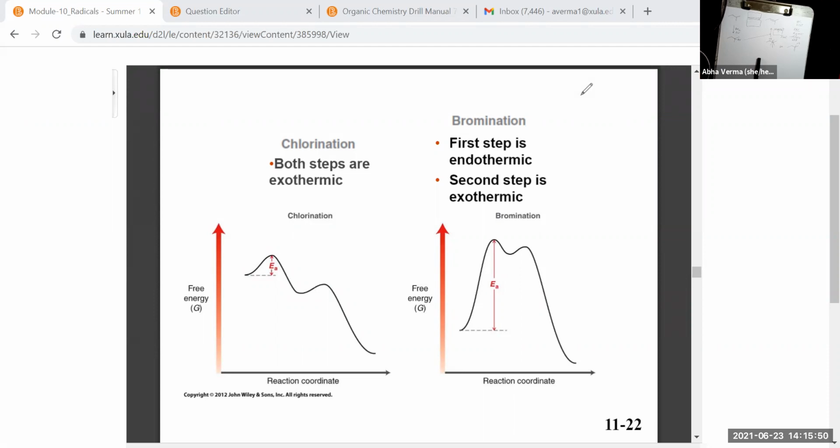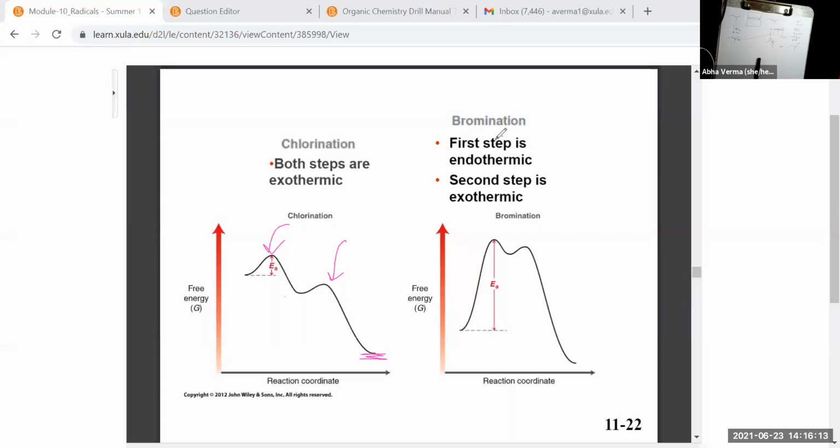So according to the Hammond postulate, the differences in the radical stabilities are reflected at these transition states. So these are your transition states, the transition state energies and the products which form.